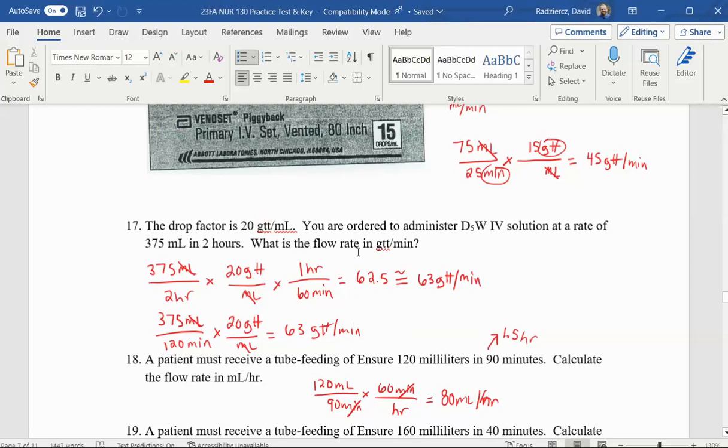What we did differently with this one was that it came out to 62.5. And we talked about earlier, we can't give somebody a partial drop. You can only give them a full drop. And so you need to round to the nearest whole drop to do that.